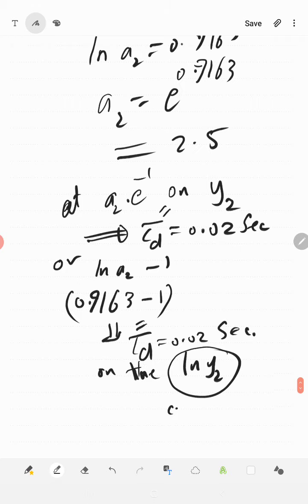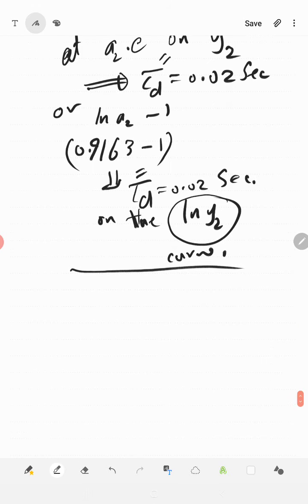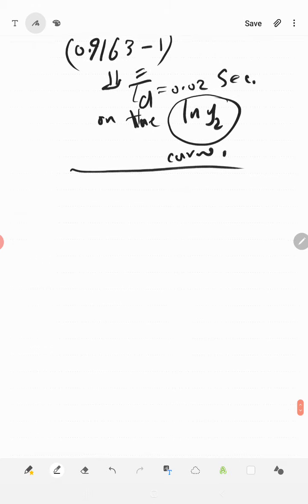So either use the logarithmic scale curve, but to determine A2 it's important that we use the logarithmic scale because it is linear. This is basically how we calculate the parameters.